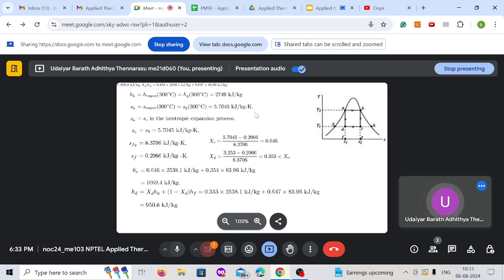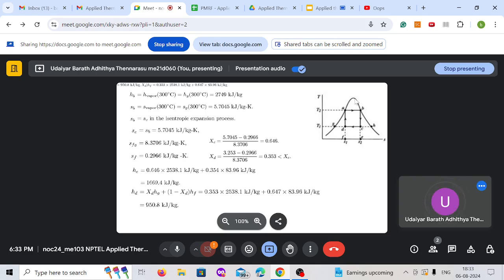For water or steam, vapor at 300 degrees Celsius has enthalpy 2749 kJ per kg. This we can get from a steam table, and similarly your entropy is 5.7045 kJ per kg Kelvin. We know that the expansion is occurring at a constant entropy, or an isentropic process.